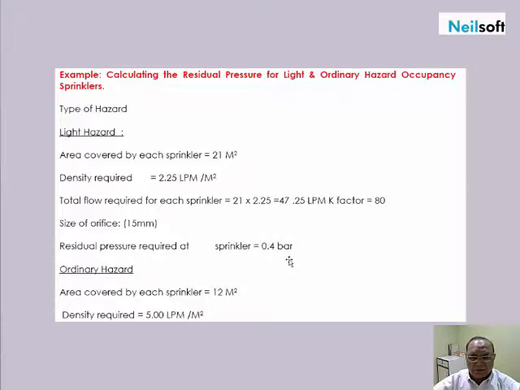It means at the remote sprinklers, if I apply this pressure, I will be able to get 2.25 liters per minute per meter square spray covering the 21 meter square area. This is the area to be covered by the light hazard sprinklers, and this is the density. Similarly, the application for the ordinary hazard will also prevail.